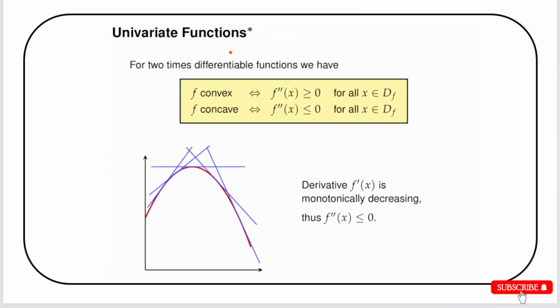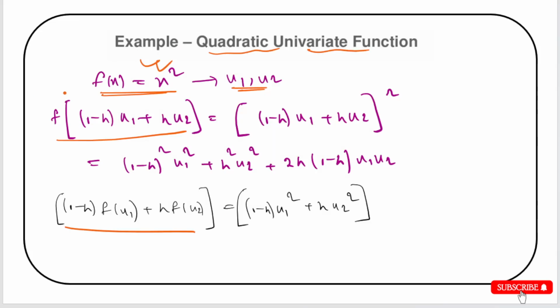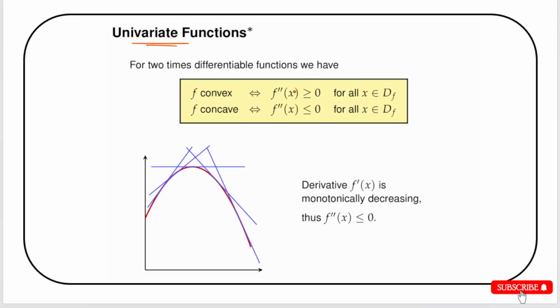Now let me introduce to you another simplified way to understand what is a convex function and what is a concave function. Every time you cannot use these huge expressions to check whether functions are convex or concave, so you have to apply some other rule. Since you are dealing with a single variable case, it's very simple. Suppose you are taking a 2 times differentiable function.